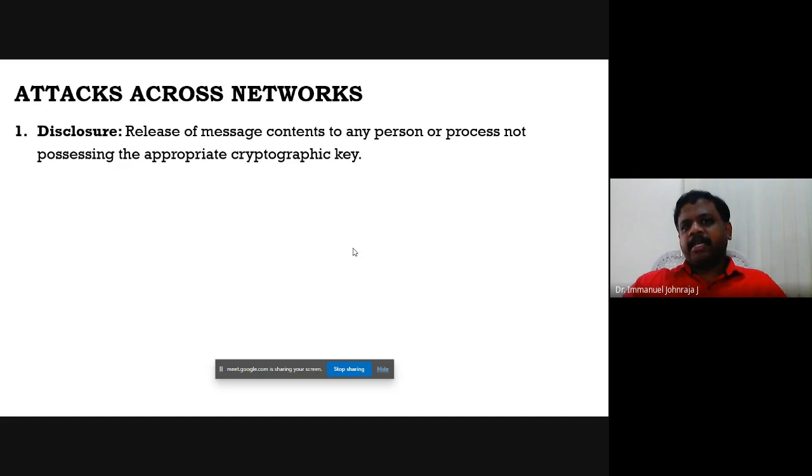Assume that in the data link layer, the frames are exchanged between the devices, which contain the source MAC address, the destination MAC address, and other details, right? So what are we going to get out of the source MAC address and destination MAC address?